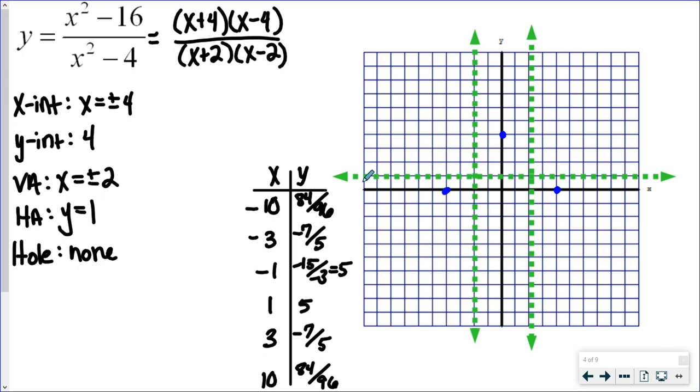We've got negative 10 and just under 1. We've got negative 3 and negative 7/5, so not quite negative 1.5. We've got negative 1 and 5. We've got positive 1 and 5. We've got 3 and negative 7/5. And we've got 10 and just under 1.